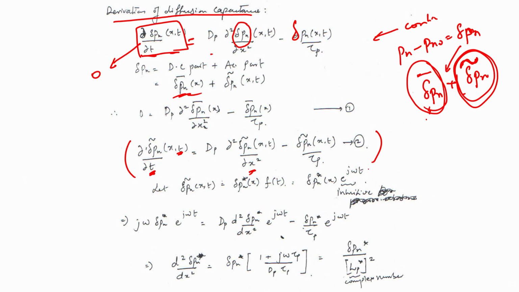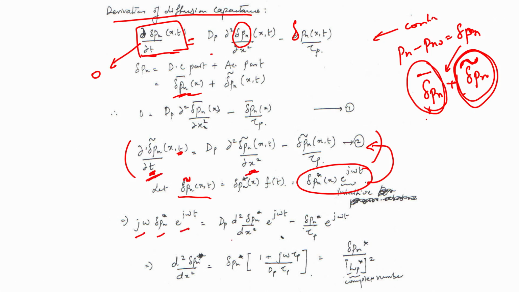So now we will just substitute this expression for delta Pn, the AC component of delta Pn is given by this, and we will substitute this approximation inside our continuity equation. When you make the substitution, you see that this time derivative becomes j omega delta Pn e to the power j omega t.